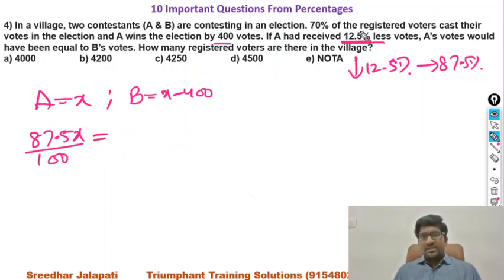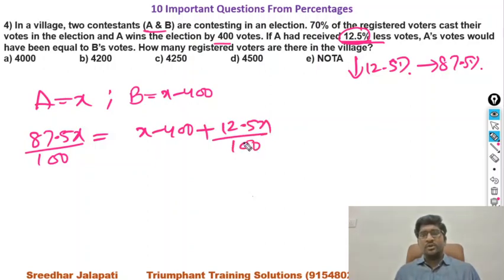because had A received 12.5% less is given, then whatever the 12.5% votes that A got less, these would have polled to B obviously, because only two contestants contested in the election. If A is not getting, then those votes are polled to B. Then X minus 400 were the votes polled to B plus these 12.5% which were supposed to poll to A but polled to B. Then he said the number of votes with A and number of votes with B are equal.